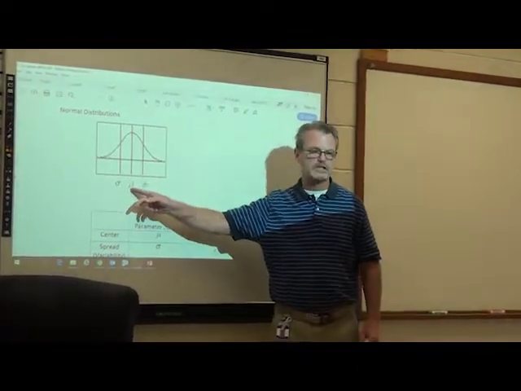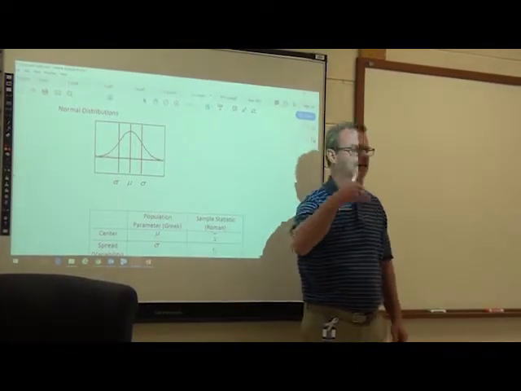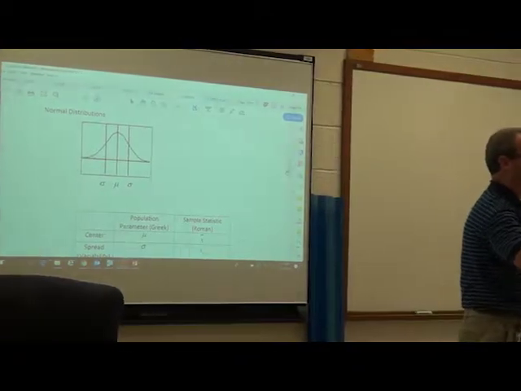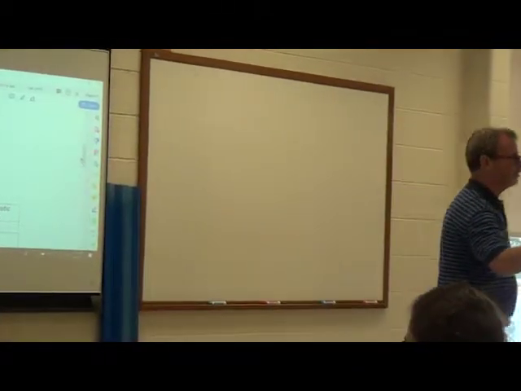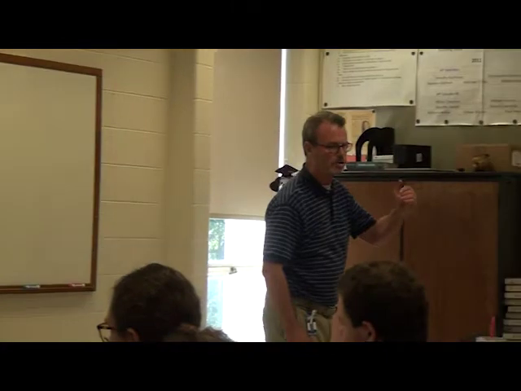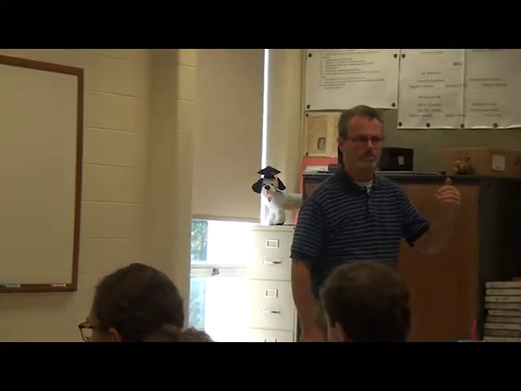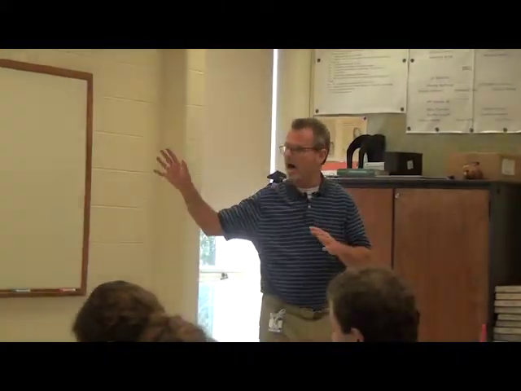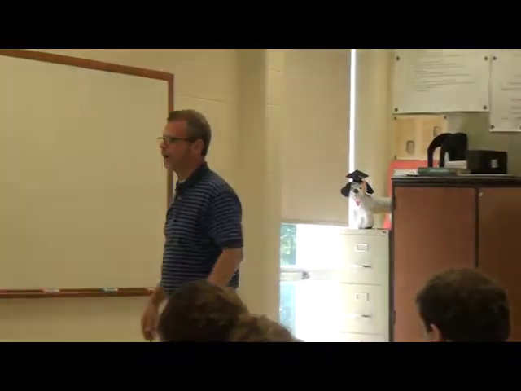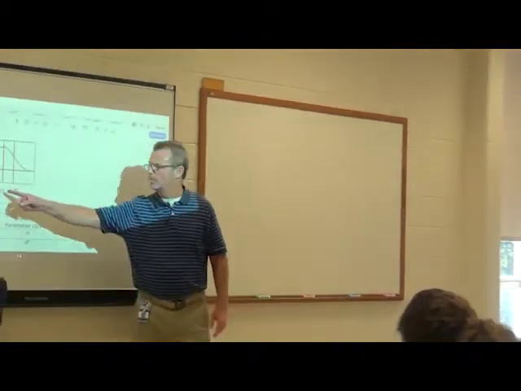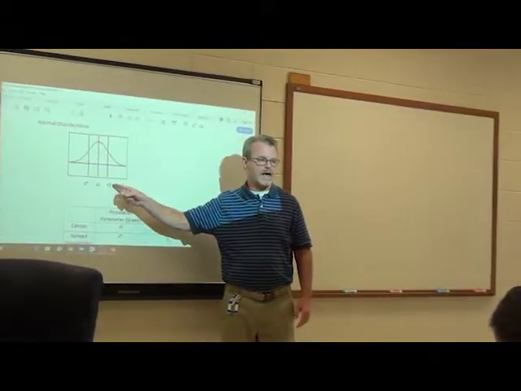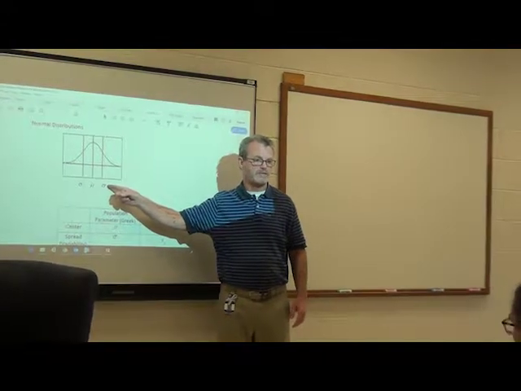Mu is the center. Now when you see Greek letters, we're talking about the population. If you see Roman letters, we're talking about a sample. So this is a model, a theoretical model. Mu is the center. The step is sigma. It's a standard deviation.